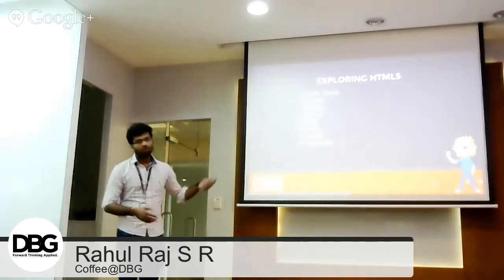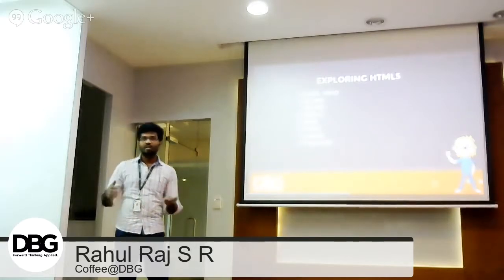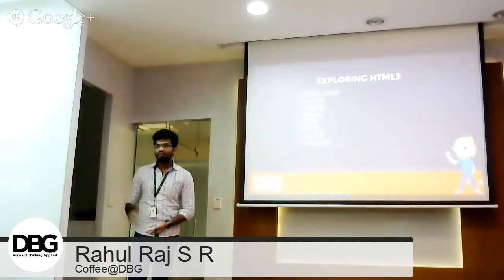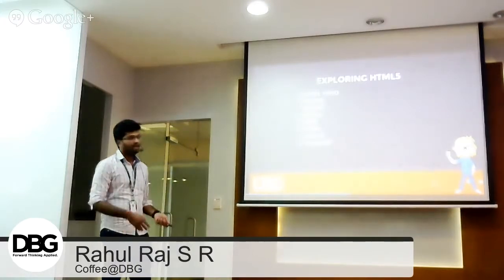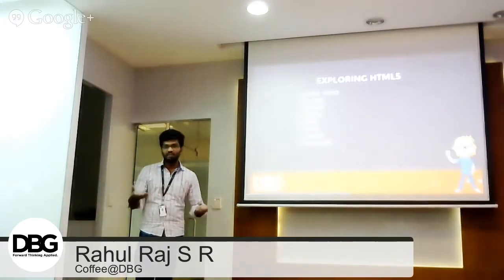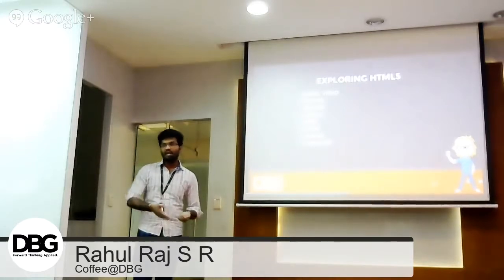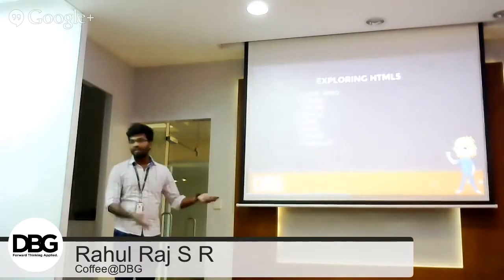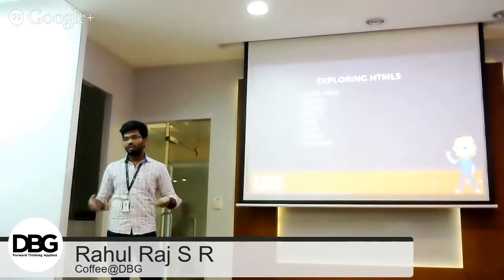For example, if you want to define a header section, we can use the header tag. If you want to define a footer section, we can use a footer tag. Earlier, it was not possible. We had to define a division and apply a class or ID, this is header, this is footer. So in HTML5, we can use these tags: header, footer, audio, video, everything.